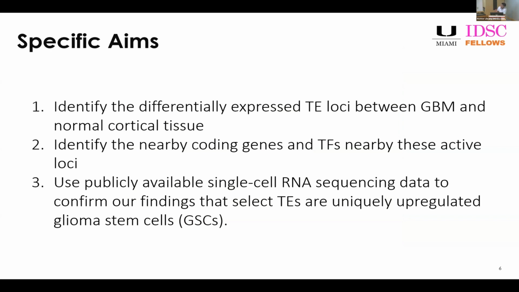Also, I wanted to look at the nearby coding genes around these loci of these activated transposable elements. And lastly, I wanted to look at publicly available single-cell RNA sequencing, which would tell us whether these activated transposable elements are more active in these stem cell niches versus the tumor cells that we know are not stem-like.